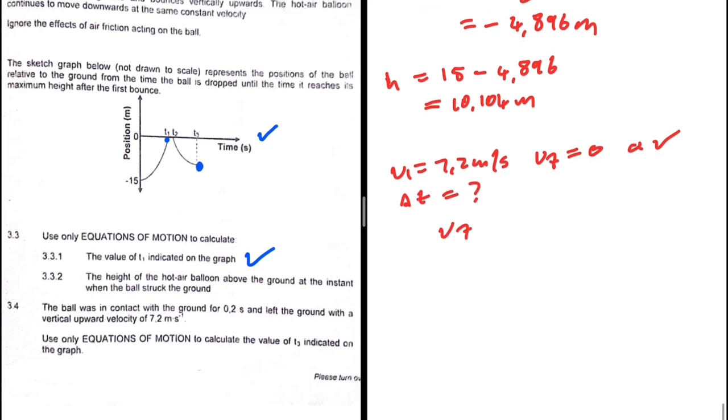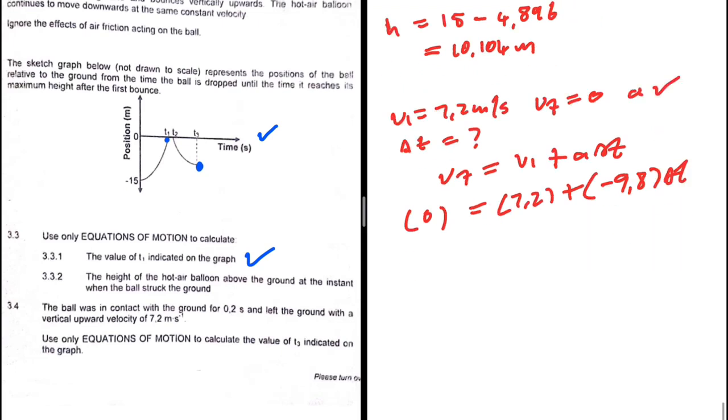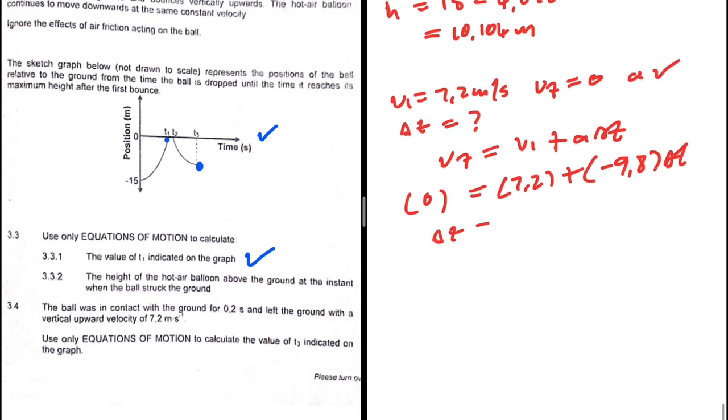So vf is equals to vi plus a delta t. vf is 0. vi is 7.2 plus acceleration minus 9.8 delta t. So delta t is equals to minus 7.2 divided by minus 9.8. Let me put that in my calculator. Minus 7.2 divided by minus 9.8.